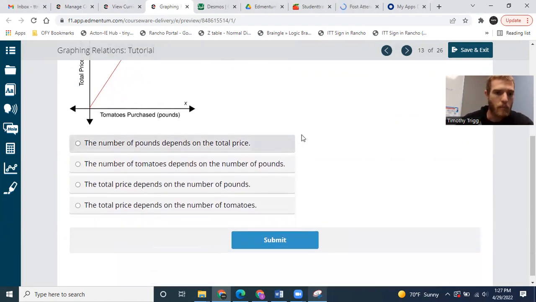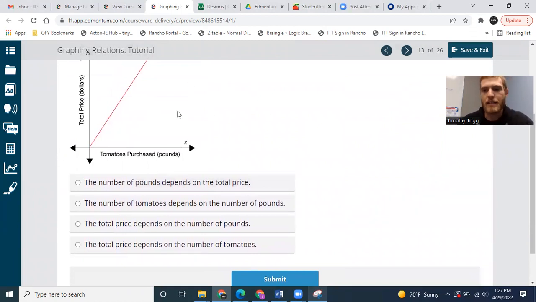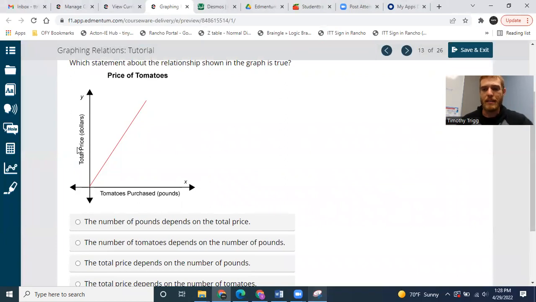Okay. But which one of these is the dependent variable? So we're going to talk about independent versus dependent variable. One thing I like to think about is what makes more sense in a sentence. The price depends on the number of tomatoes bought, or the number of tomatoes bought depends on the price.